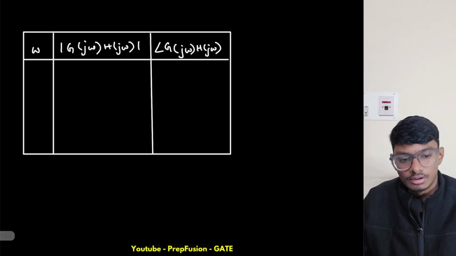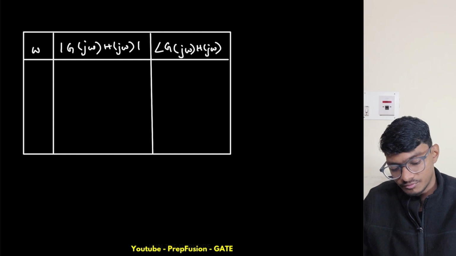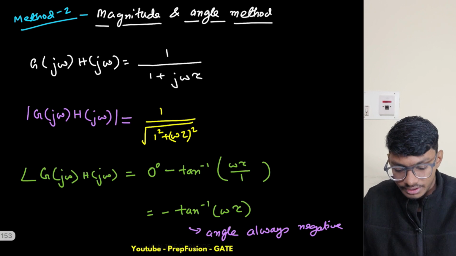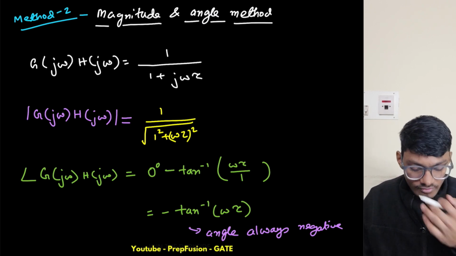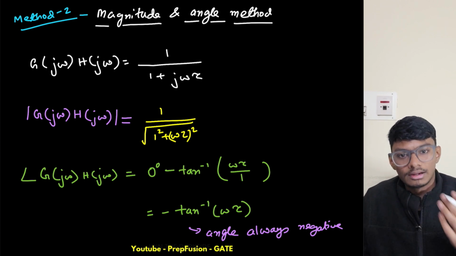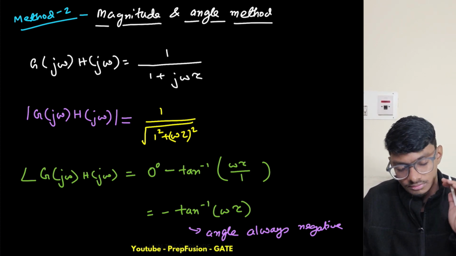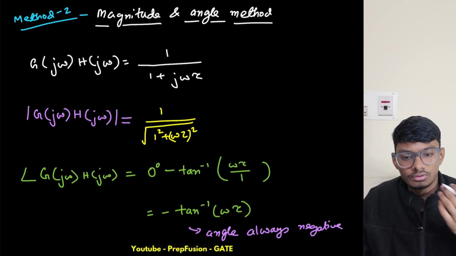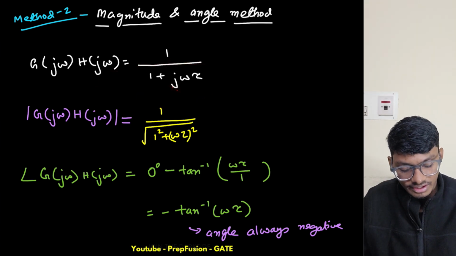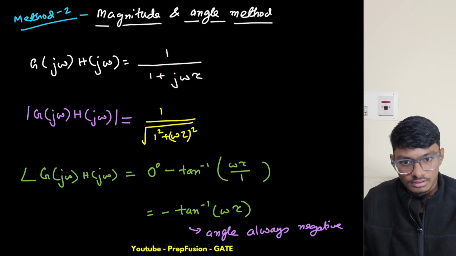Now let's draw the table. With the table we can easily approximate our plot. This time I will take 3 points. Sometimes you have to, and the third point that you take should be simpler to calculate, the magnitude and the angle. If I take omega equals 1 by tau, then my real and imaginary components will become 1 plus j1.